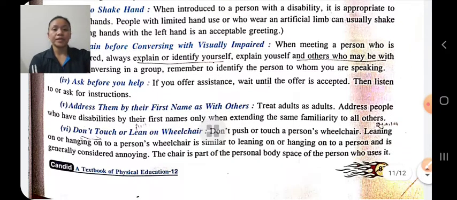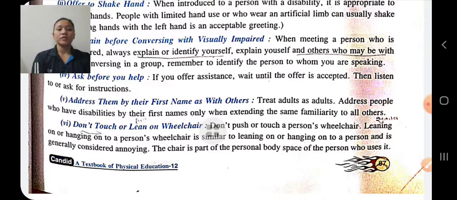Address them by their first name as we do others. Call him by his name as we call normal persons by their names. Don't touch or lean on a wheelchair. Never touch or push a person who sits in a wheelchair.